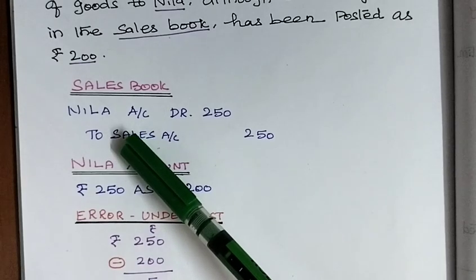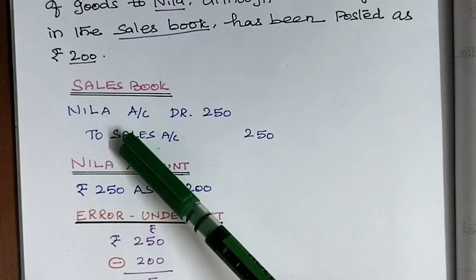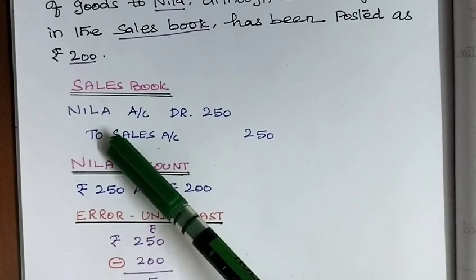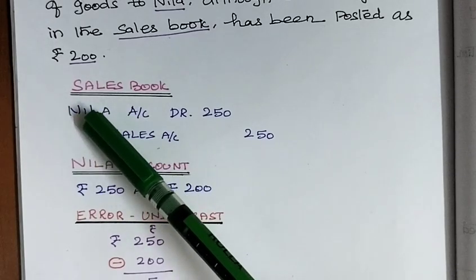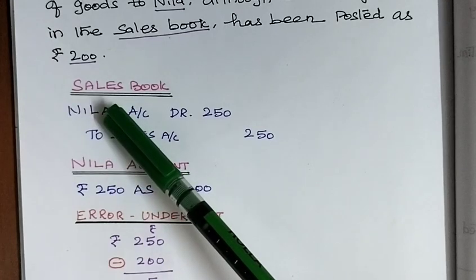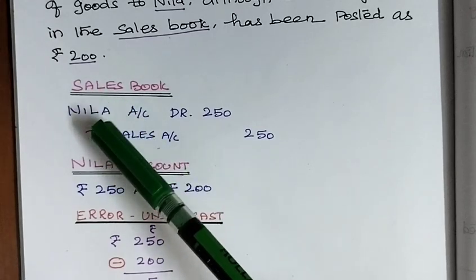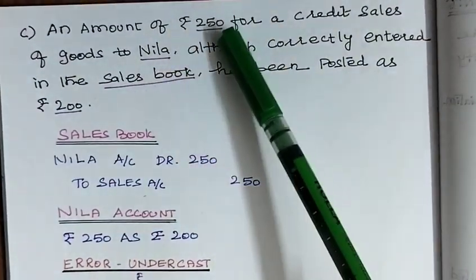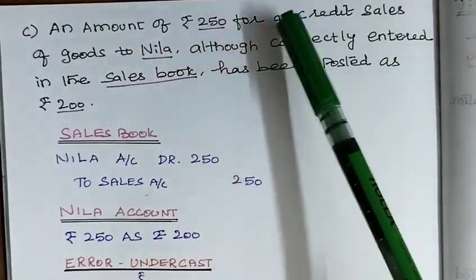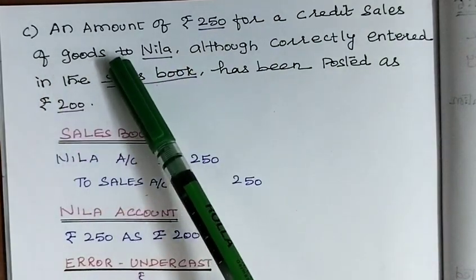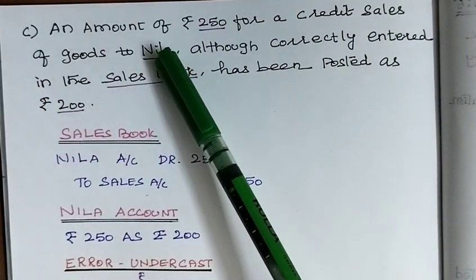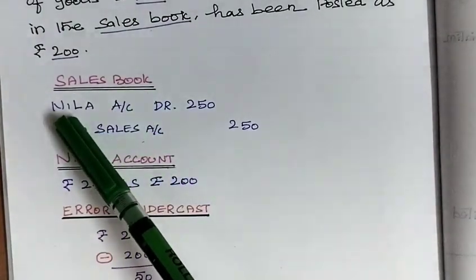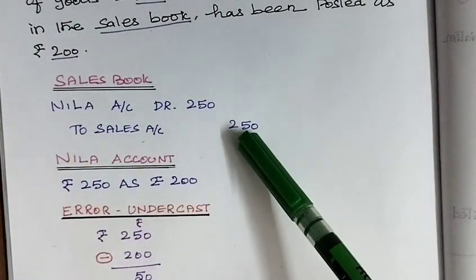How do you make sales? You made sales on credit, so you have to enter the name of the person on the debit side. In this transaction, the amount of 250 is for credit sales of goods to Nila. So we entered in the sales book: Nila account debit 250 to sales account.